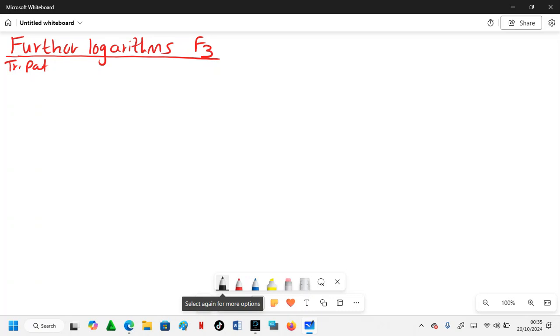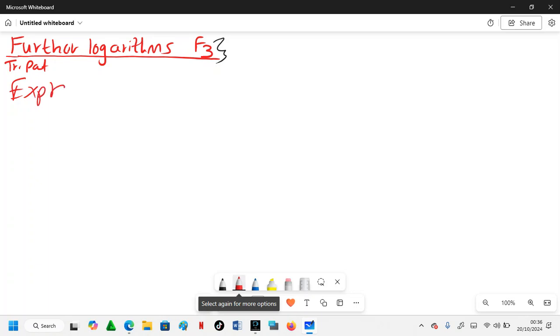I want us to look at a little bit of revision on further logarithms, and I want to just jump right in. I want to revise what is normally done in Form 2, expressing indices in logarithm notation.